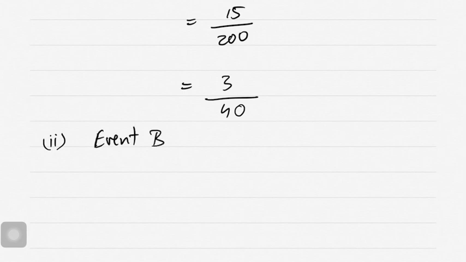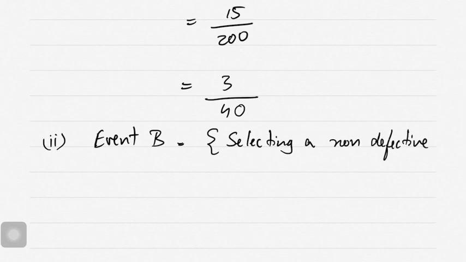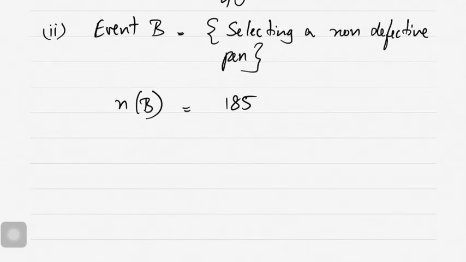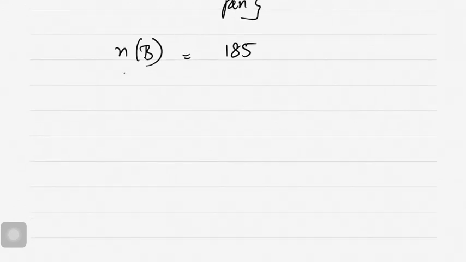Second part is event B. Selecting a non-defective pen. That means my N of B will be 185.